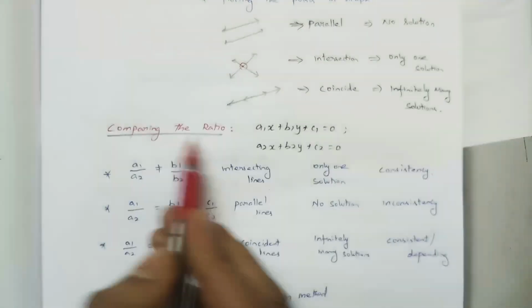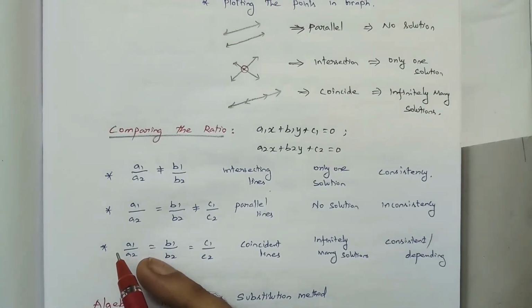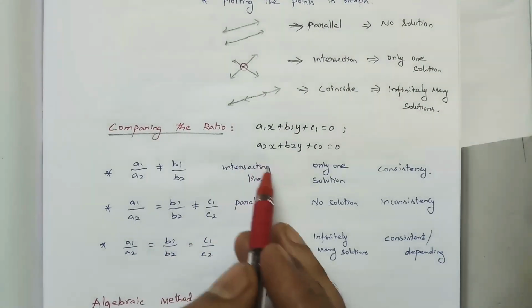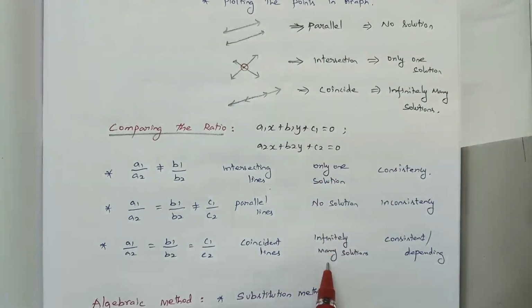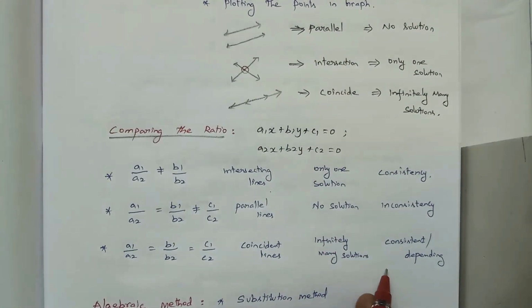But here, by just comparing the ratios, we can say how the picture will be, how many solutions there are, and whether it is consistent or inconsistent.